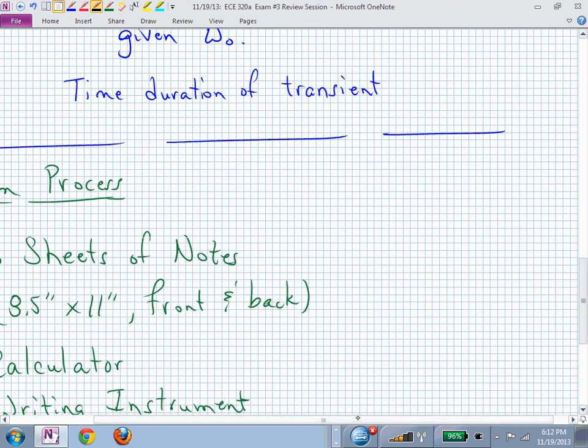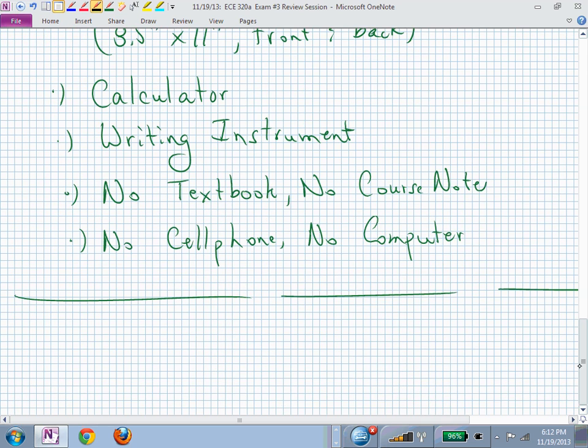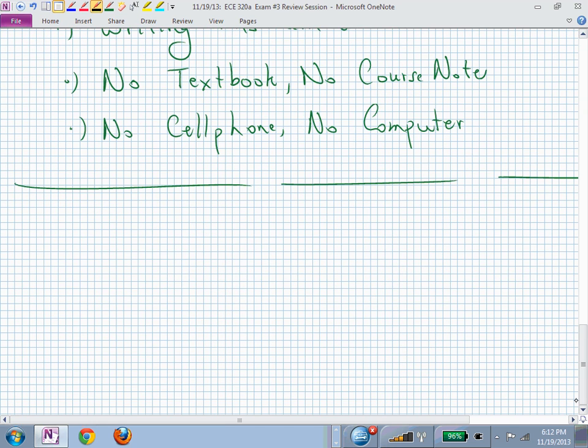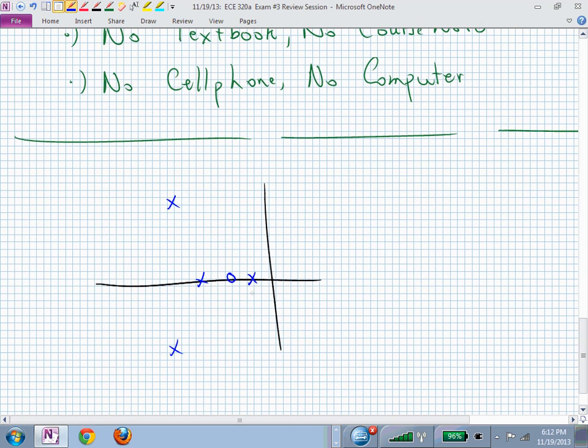Whoops, I'm getting ahead of myself, but I don't care. Let's suppose that I gave you a pole zero diagram. And I said, how long, oh, maybe I should label this.